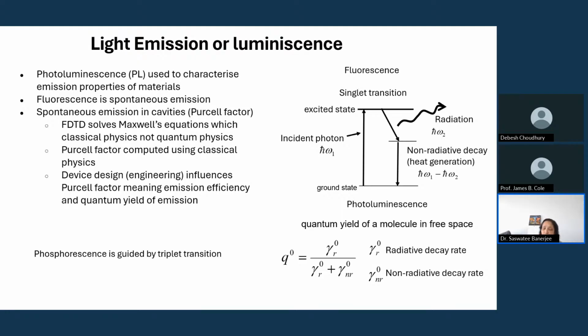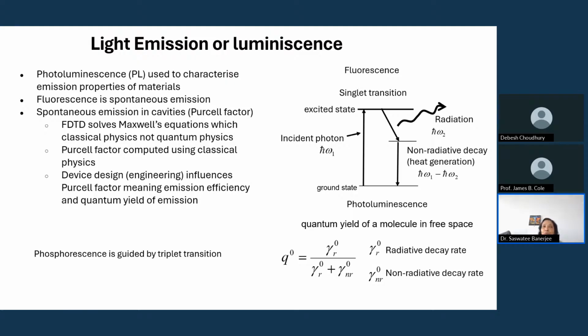So then what you are getting here is something called the quantum yield of the molecule in free space. The quantum yield is defined in terms of the radiative decay rate and the non-radiative decay rate. This gamma NR represents the loss through heat.